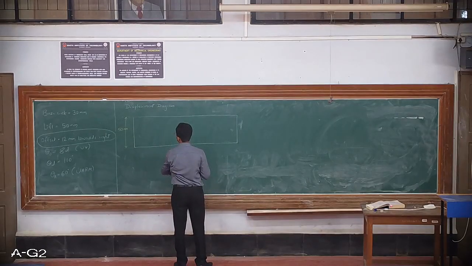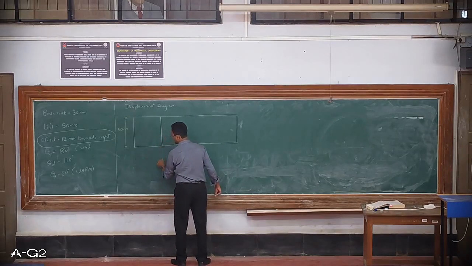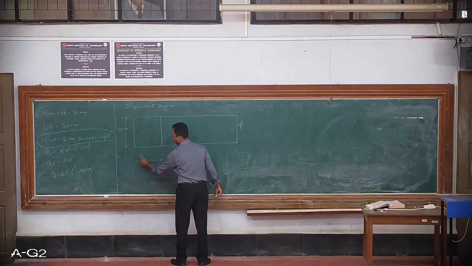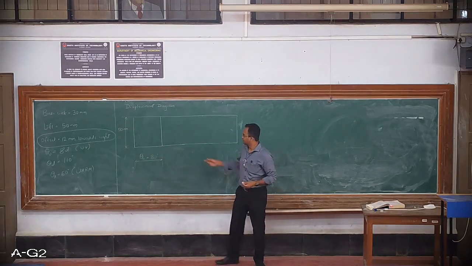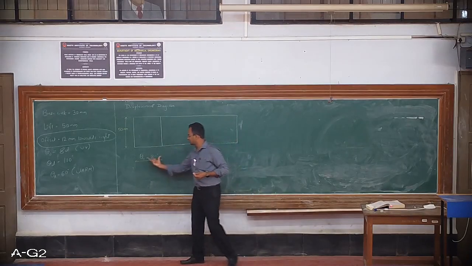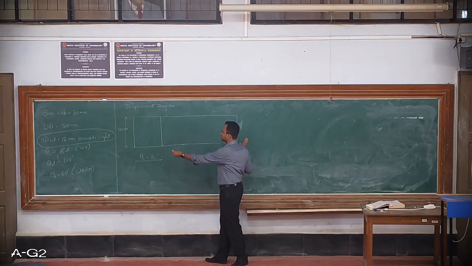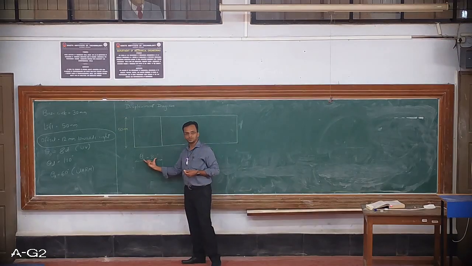So I'll just mark this 80 degrees over here. So I'll write theta naught equal to 80 degrees. So this is the first division. So if you have taken 36 centimeters, then this will be equal to 8 centimeters. And if you have taken this as 1:2, that is, if you have made this as 18 centimeters, then this will be equal to 4 centimeters.